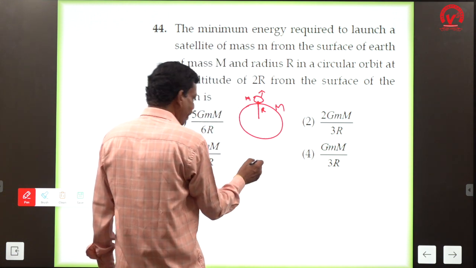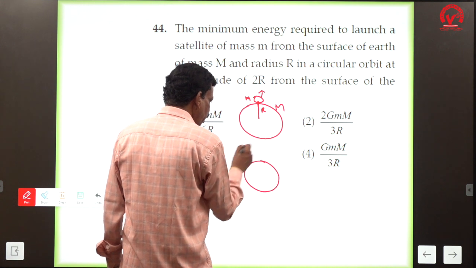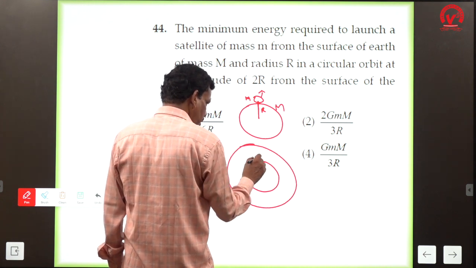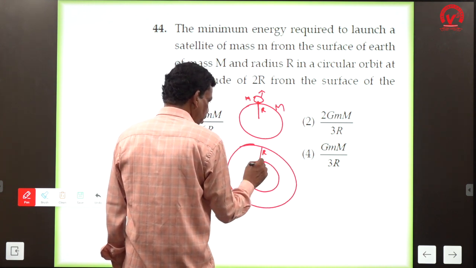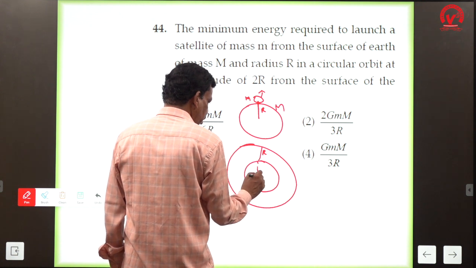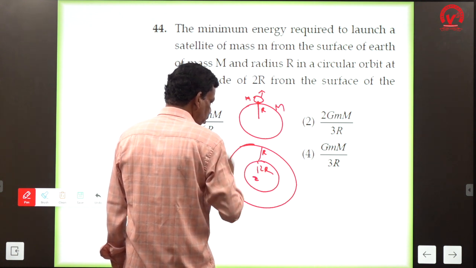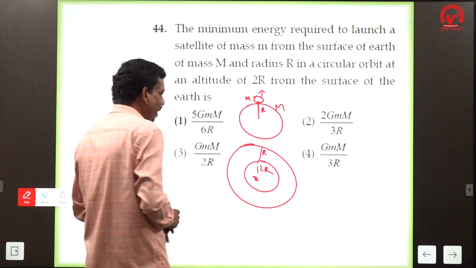Okay, it is a satellite of mass m. Now what is the energy?